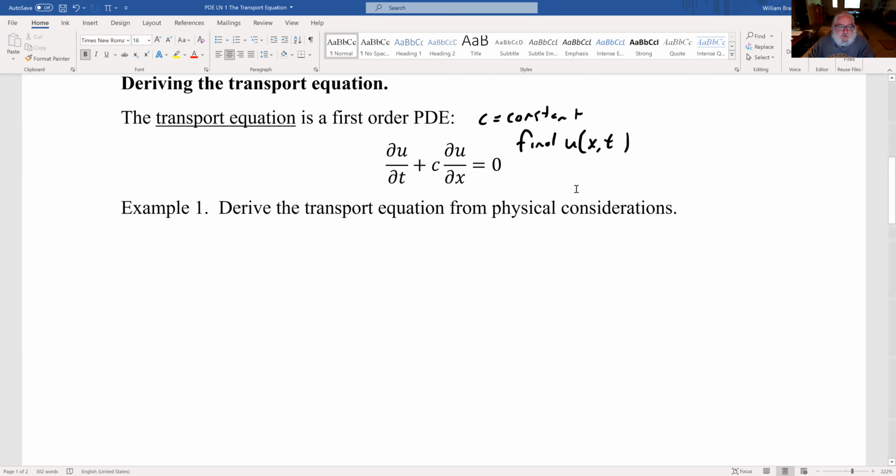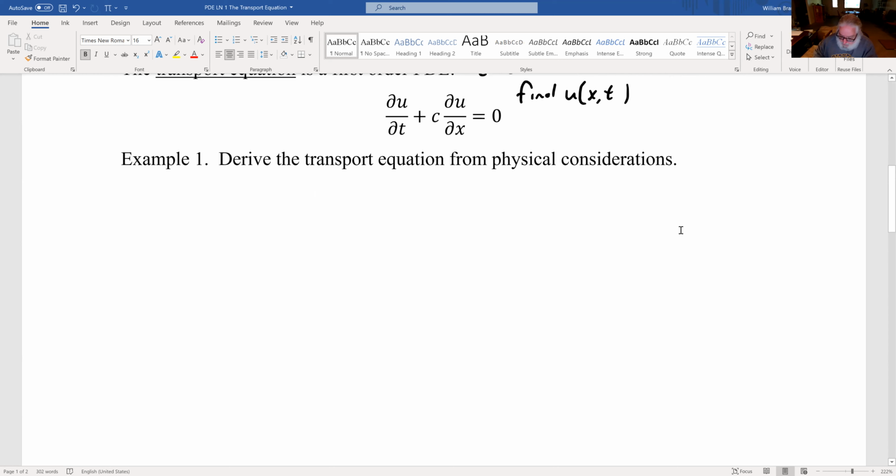So where does this equation come from? Well, the idea is that you have a blob of stuff and it's moving somewhere, and you want to know how it is moving. An example would be, suppose you have a stream of something. Suppose I should put in little waves here, right?